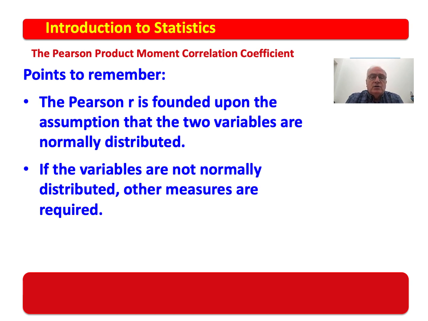If the variables are not normally distributed, other measures are required. In that case, we run what's called a non-parametric correlation coefficient. Non-parametric simply means not normally distributed. But the Pearson r assumes that the variables are normally distributed. So we will look at skewness and kurtosis as part of the protocol in order to determine if the variables are approximately normally distributed or not.